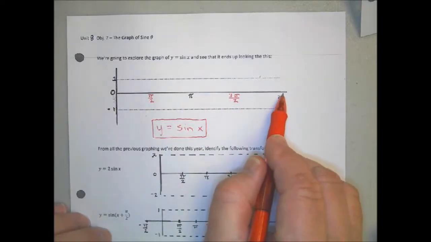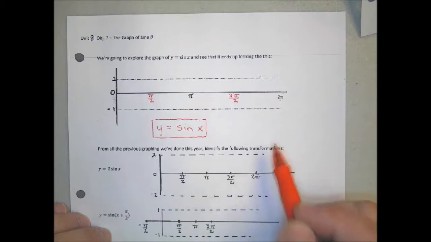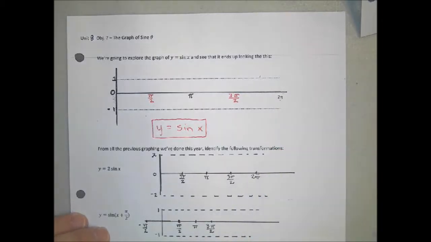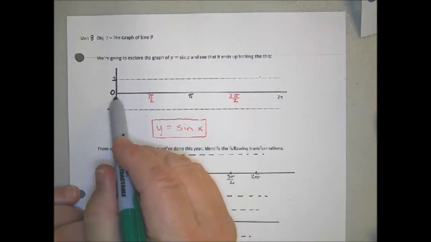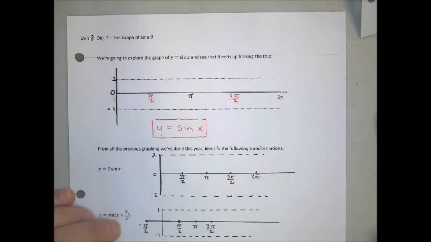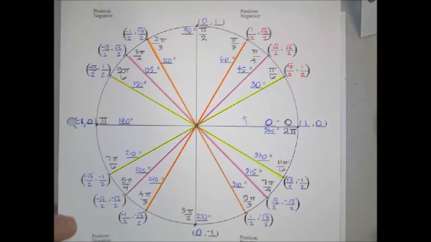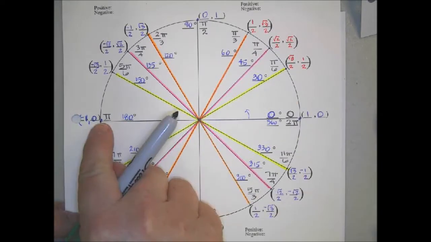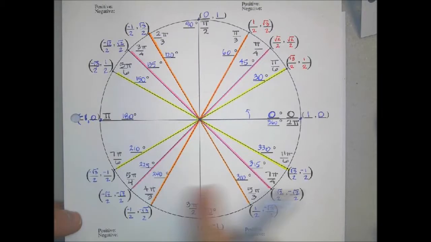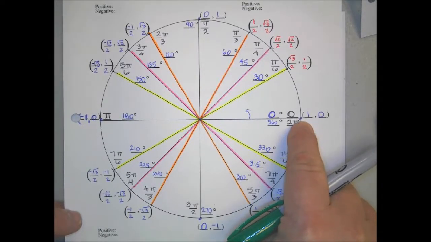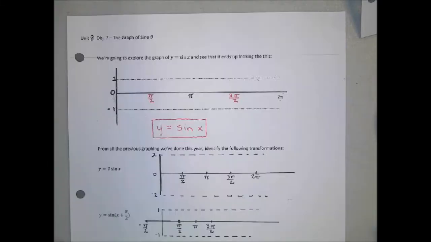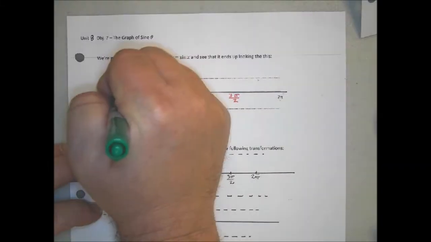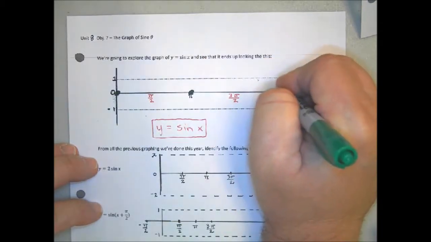Just like when I went around the circle, there were 5 places that were really important. So what were those 5 places? Well, when I'm at 0, I'm at 0. If you go back, remember I started, and then I went around and I was back at 0 again, and then I went around and I was back at 0 again for the y values. So I'm going to place a point right there, a point right there, and a point right there.